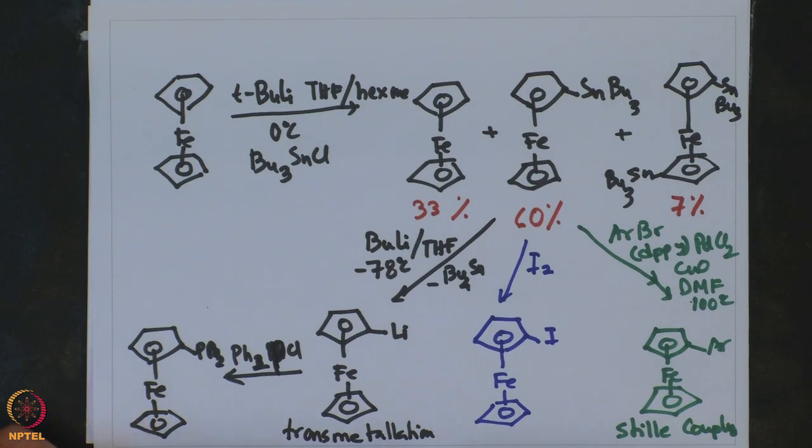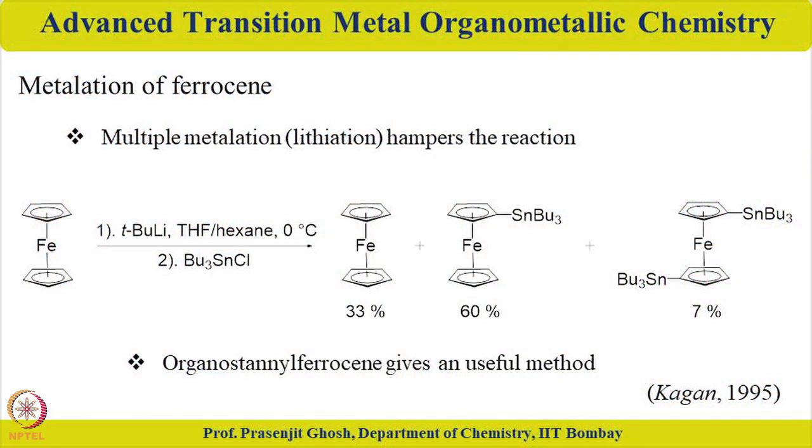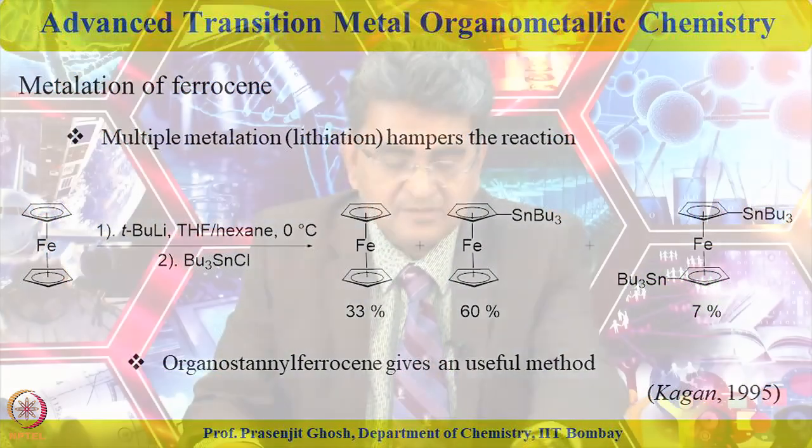So, this organostannyl ferrocene provides a useful route to so many different compounds, and that solves the issue of multiple lithiation, which usually plagues the normal lithiation chemistry of ferrocene. So, this is where one can see how chemists circumvent many complicated issues, not only by making a derivative and then successfully making what they really want to make.